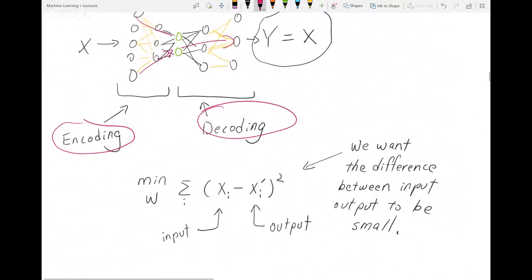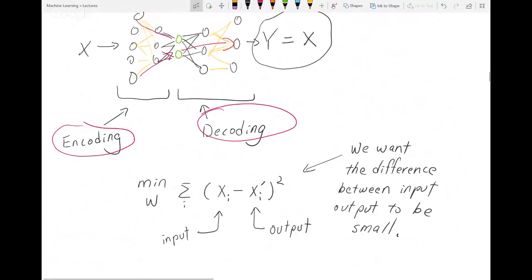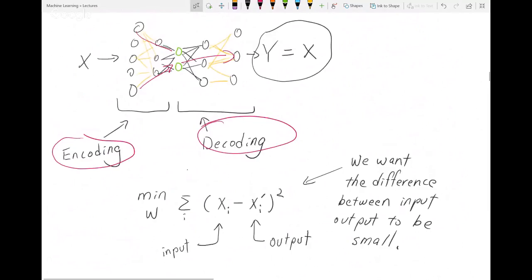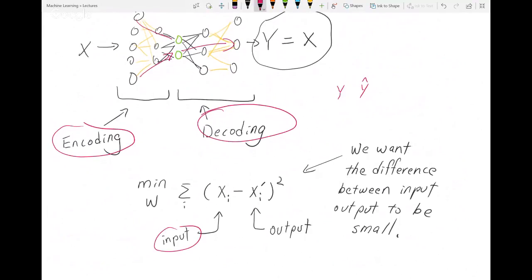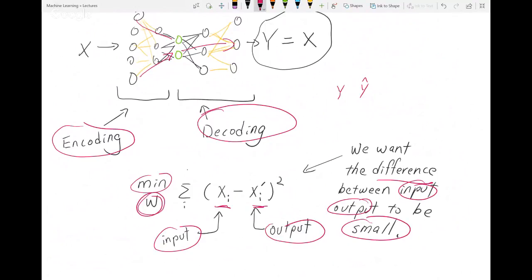So the new objective function looks something like this. Remember, we have y as the truth, and then y hat as the estimate. What we want is for the input and the output, so this is the input and this is the output, to have a difference that is as small as possible. Find the weights that minimize the difference between the input and the output.